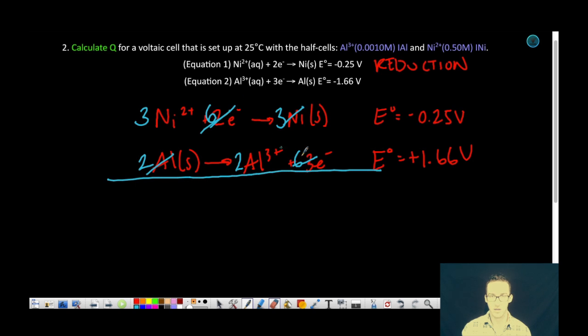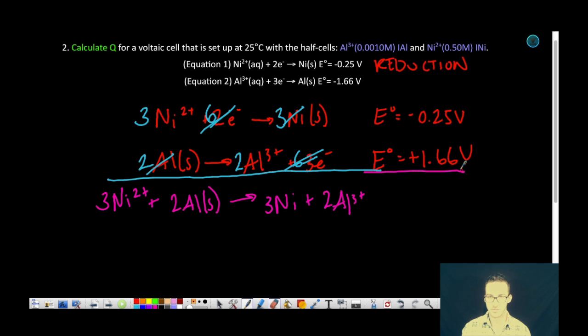That way our electrons will drop out, and our overall reaction to express what's going on in this redox reaction is going to be something that looks a little bit like this: 2Al3+, and then the rest. For the standard cell potential for this reaction, we're just going to sum these together and we get positive 1.41 volts.